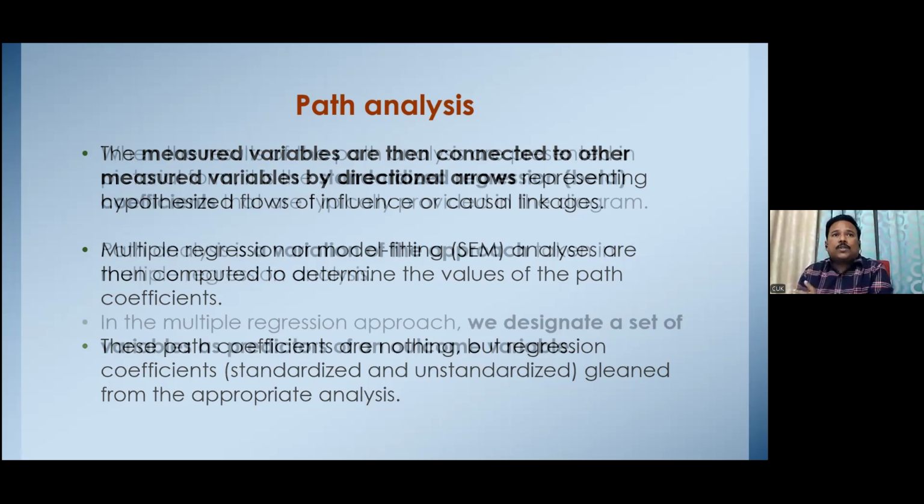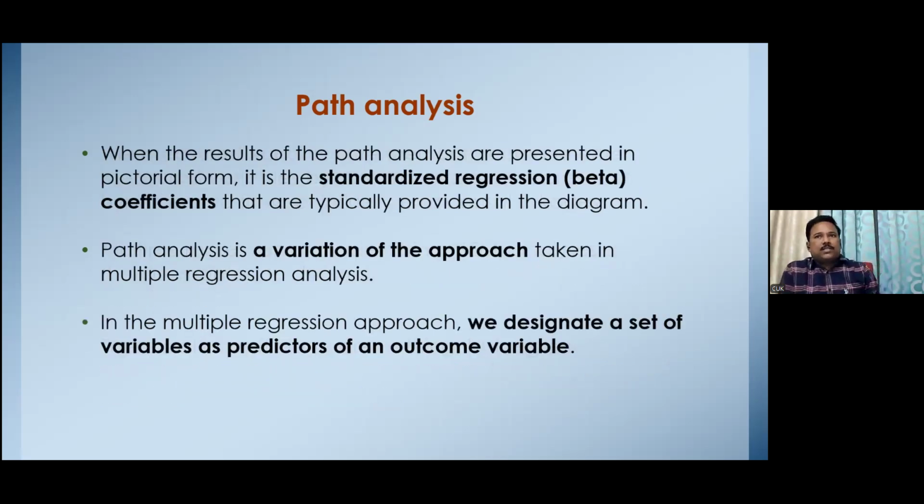When the results of a path analysis are presented in graphical or pictorial form, it is the standardized regression, the beta coefficients, that are typically shown in the diagram. Once we analyze it, you also get the unstandardized regression coefficients, but we only show the standardized ones, the beta coefficients.